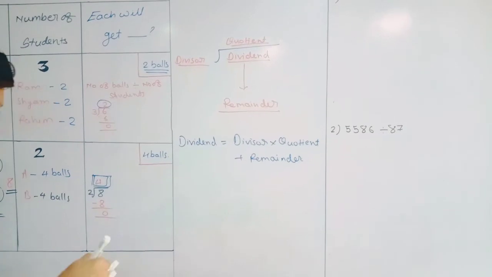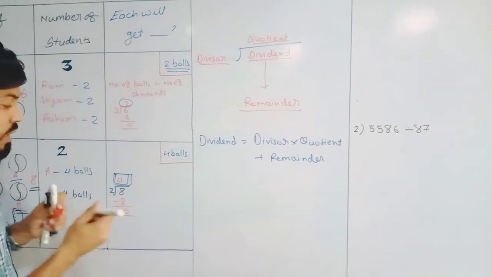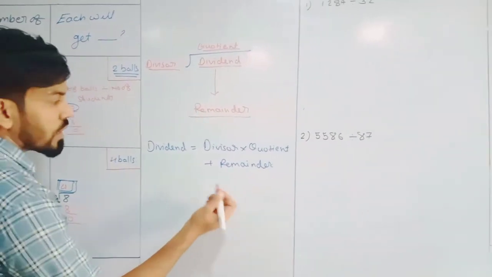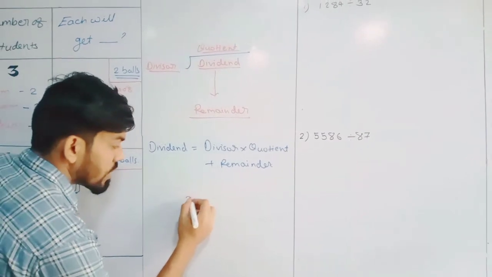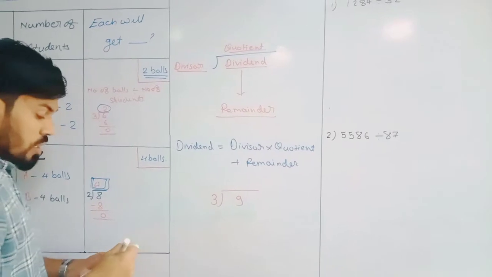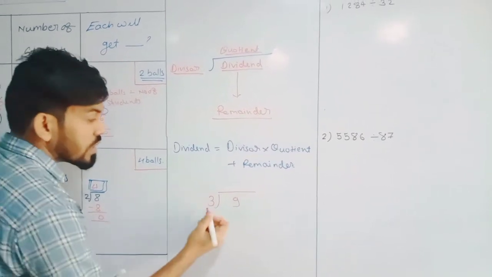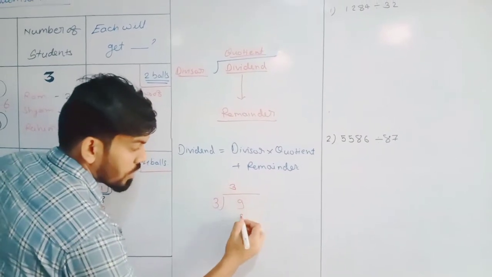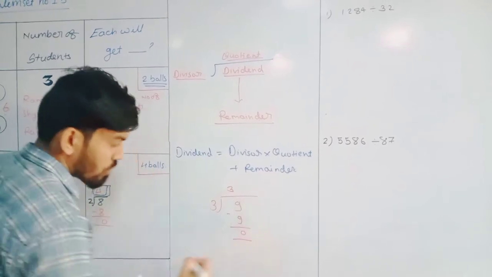Yes, let's check. We take another example, that is 9 divided by 3. Here 3 3s are 9, subtracting gives the answer 0.